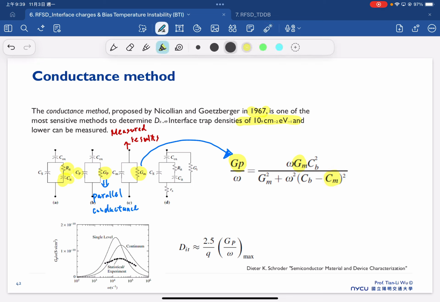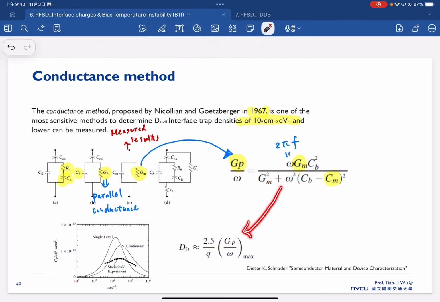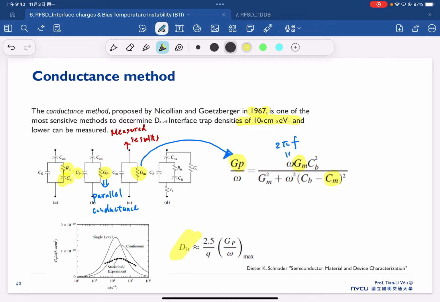And also in here, the omega is equal to 2 pi f. And with further calculation coming from this equation, then we can get the result. This is a very simplified conclusion where, since we have the GP here, we can put the GP in here.